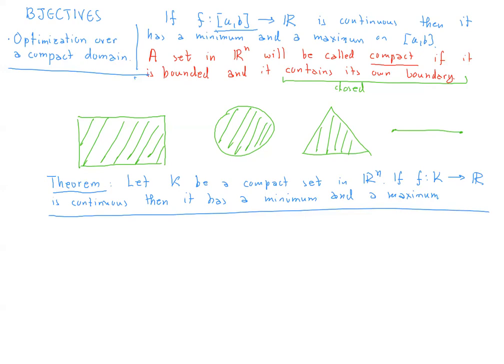And our goal today is to discuss how we're going to find the minimum and the maximum of a function over a compact set. And as usual, we might take a hint from the case of one dimension, the case of one variable. So what did we do when we wanted to find the minimum and the maximum of a function over a closed interval?